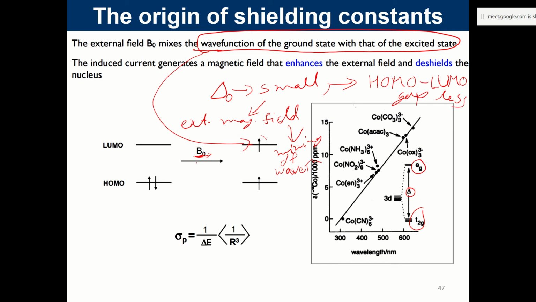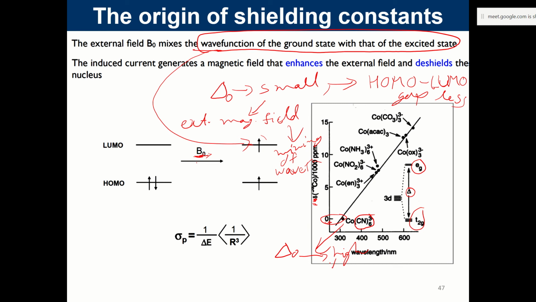So low lying energy levels, this is what we mean, the gap has to be small, only then this will happen. You can clearly see it with cyanide as the ligand, CN ligand, which gives a very high gap, del not very high. Nothing like this happens, no paramagnetic contribution, and the shift in the value is almost zero. See, it is at this level.